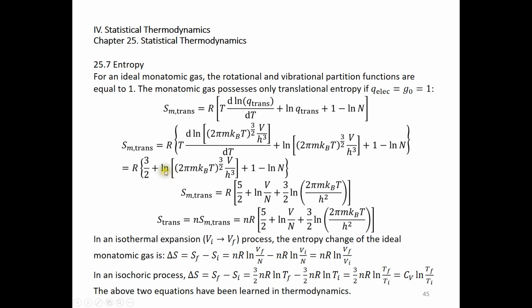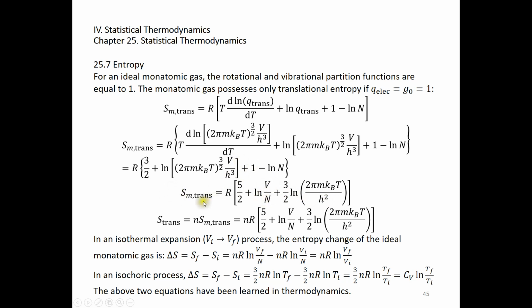And I see logarithm of V minus logarithm of N. I put them here. And then I see this 1.5 times the logarithm of 2 pi m kBT over h squared. So h squared to the power of 1.5 is h cubed. So from here to here it's just algebra.